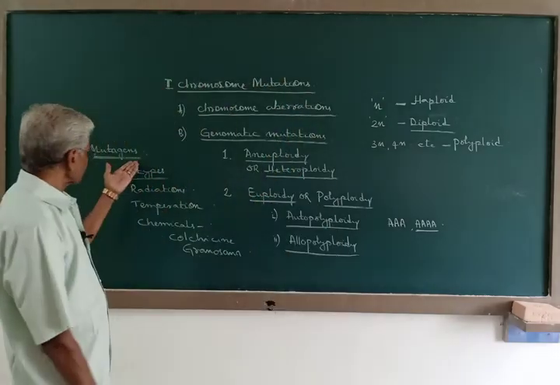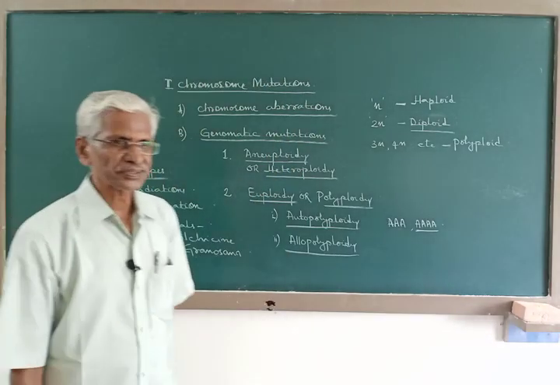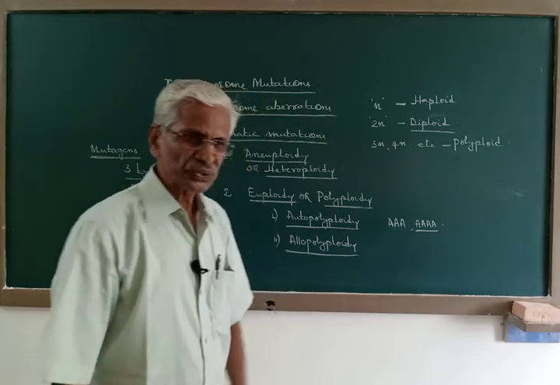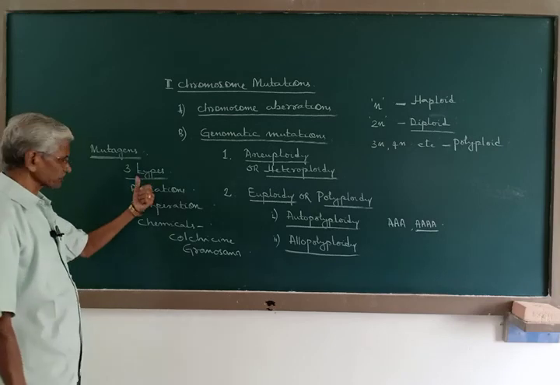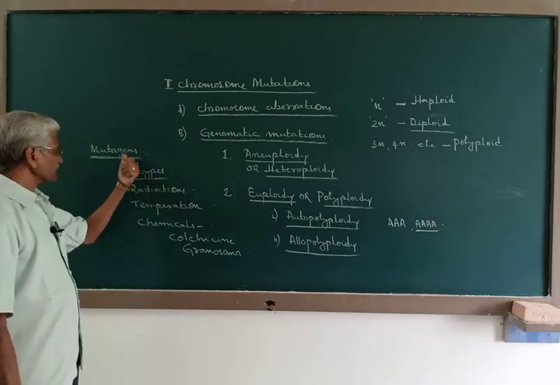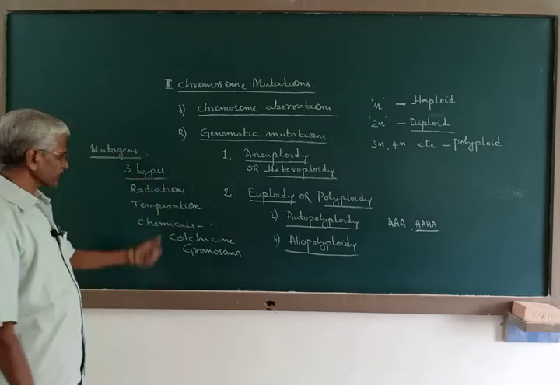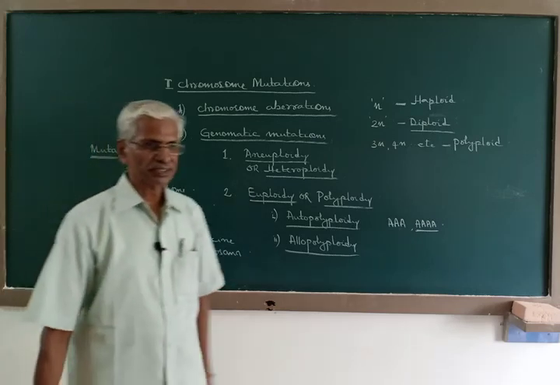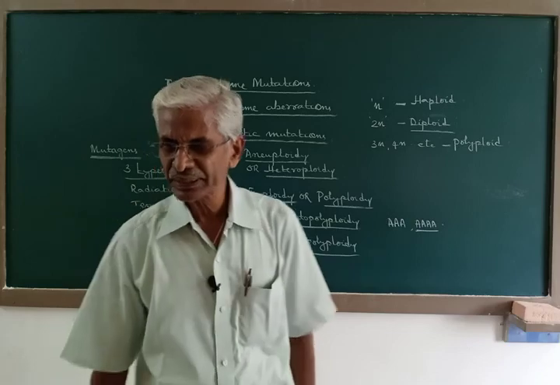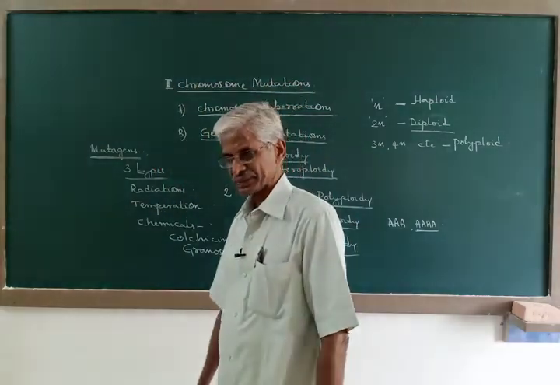So here, the external factors which induce mutation or increase the frequency of mutations among organisms are called mutagens or mutagenic agents, and these mutagenic agents are of three types: radiations, temperature, and chemicals.